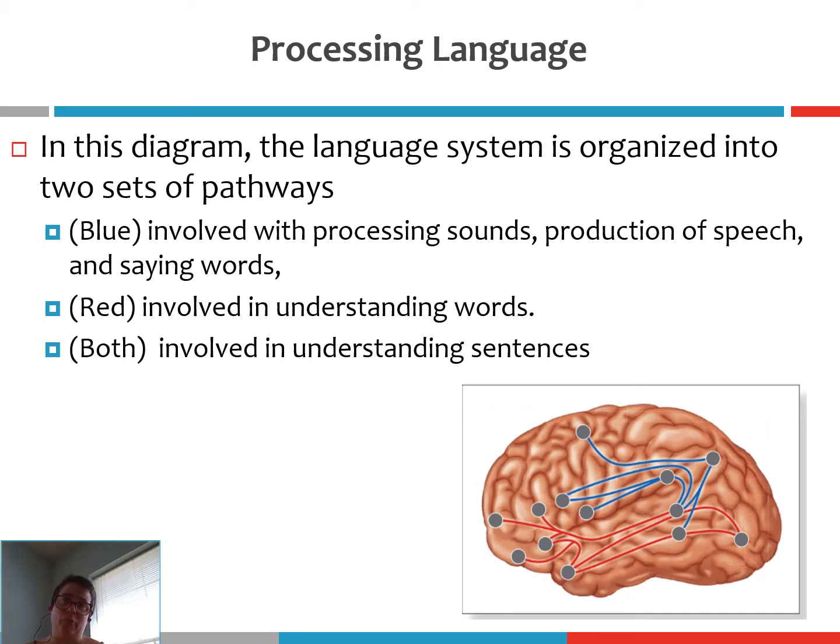To pinpoint language comprehension and speech production to just those individual areas is both incorrect and misleading. And it also discounts the fact that both of those areas of the frontal lobe and the temporal lobe are implicated in a lot of other processes besides speech production and speech comprehension.